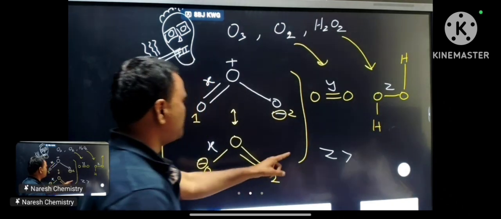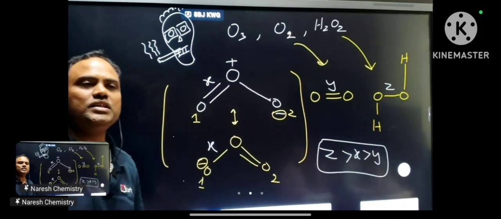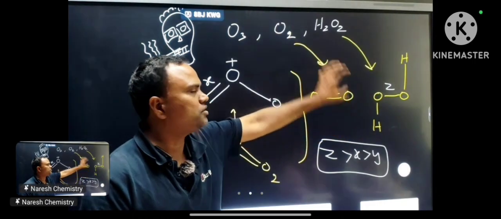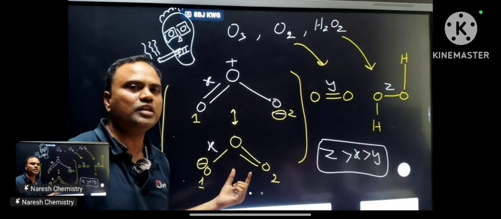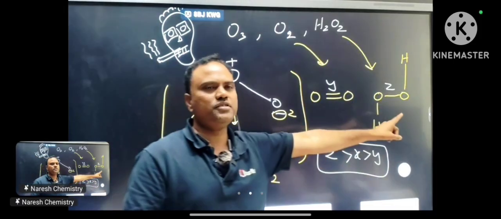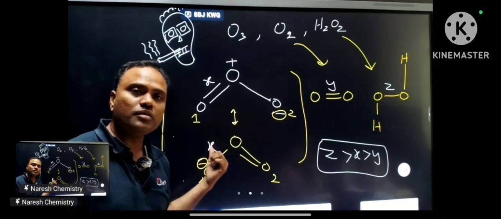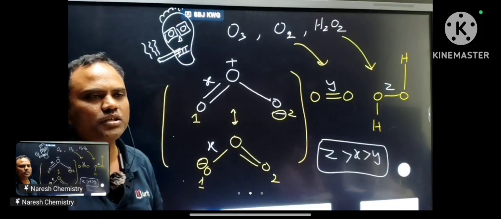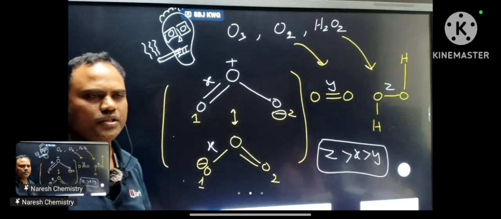So Z is greatest, always single, there is no resonance. After Z, X will come, intermediate between single bond character and double bond character due to resonance. After that Y. Y is least. Y is always double bond, always less. Clear? Very, very important comparison.